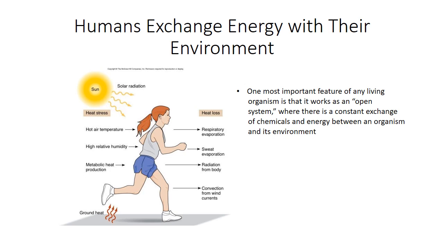It says that when you are experiencing heat stress, your body systems work to create heat loss. You breathe more deeply, and so you lose energy in the form of exhaled air with moisture, with aerosols, etc. So there is respiratory evaporation, there is sweat evaporation, there is radiation from body.